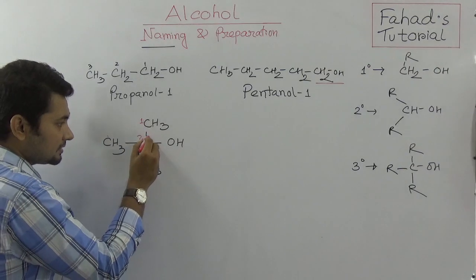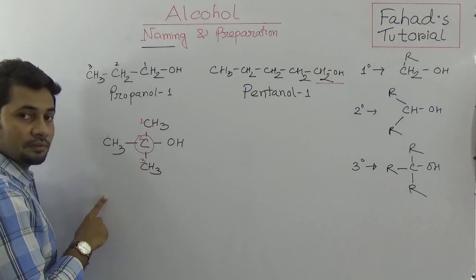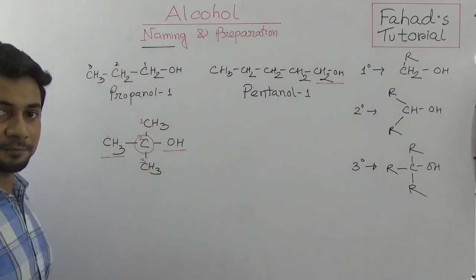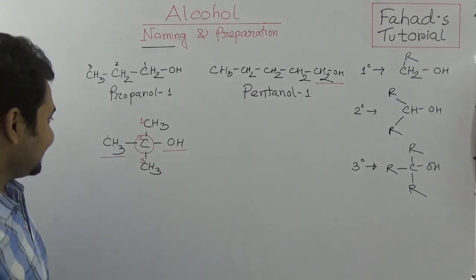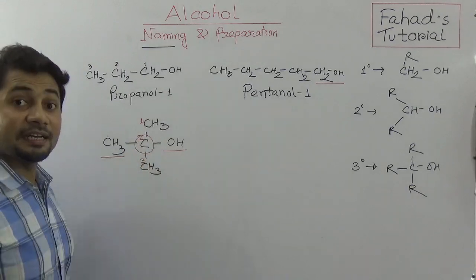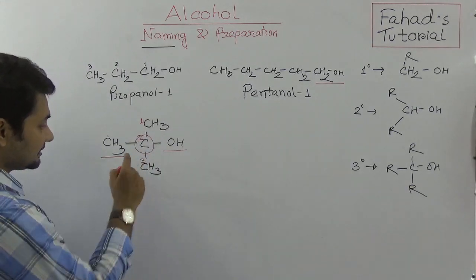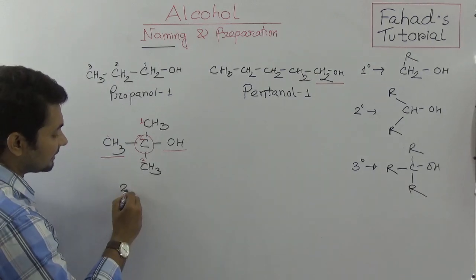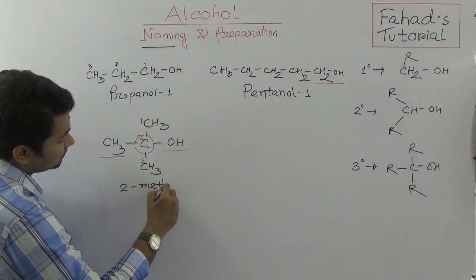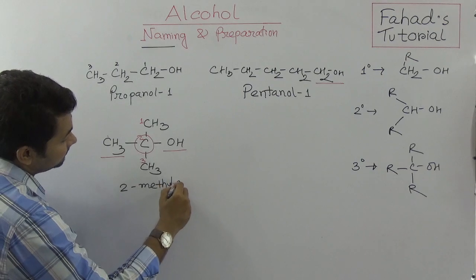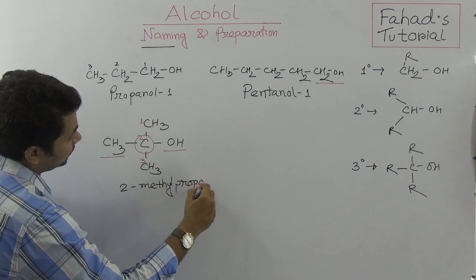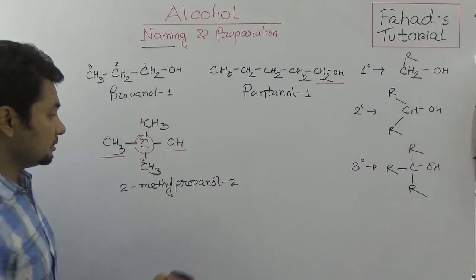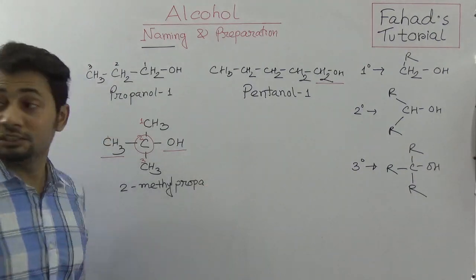we can see that with these two position of carbon, there is methyl group and hydroxyl, and 1, 2, 3, that is propane. So we can say the name of this compound is 2-methyl propanol 2, or we can say 2-methyl propane 2-ol.